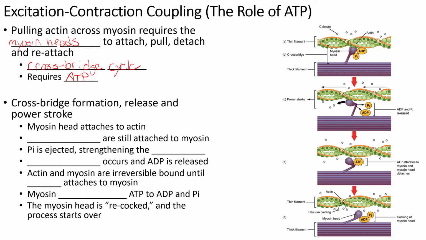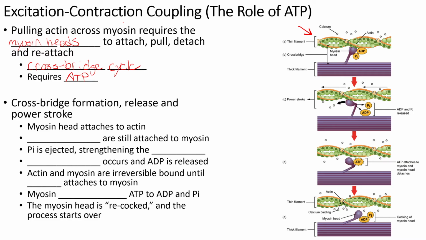Okay, so how we do the formation, the release, and the power stroke is, first, step one, the myosin head has to attach to actin. We're going to start right here. So we're going to attach to the actin.